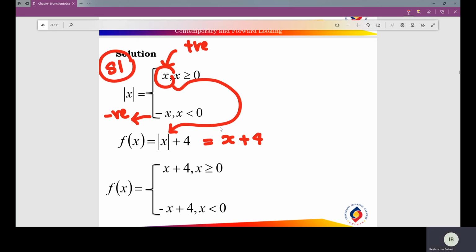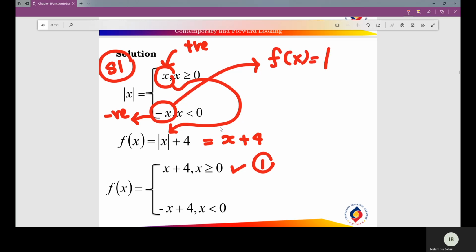So f(x) equals x plus 4 and the domain of the function is greater than or equal to 0. This is the first part of the function, and the second part is negative x, so you replace. The second part of the function is negative x plus 4, and the domain of the function is less than 0. Okay, settle.